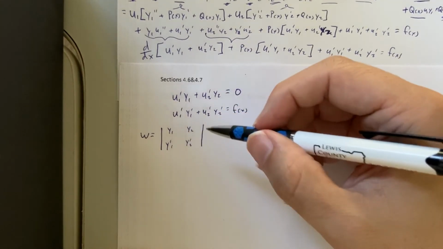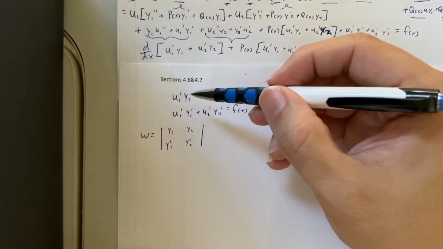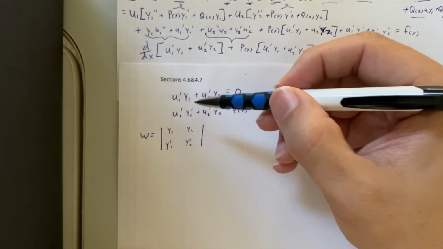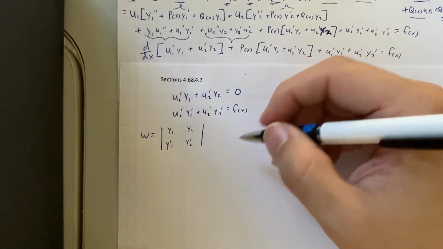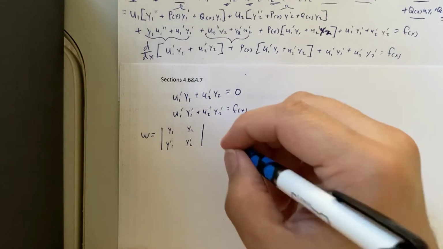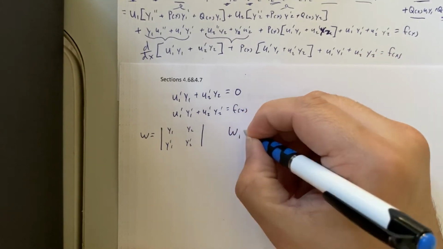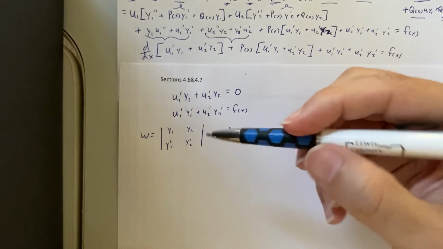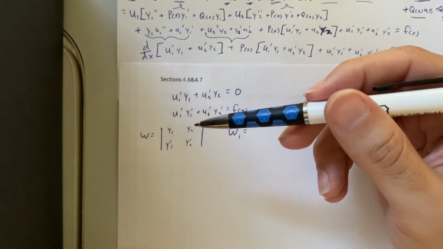That's the Wronskian. Now, why you could use this in pre-calculus is because you're just taking the variables down, y sub 1 and then y sub 1 prime. Now, we're going to call this Wronskian sub 1, which is basically what we would use to find the missing variable.